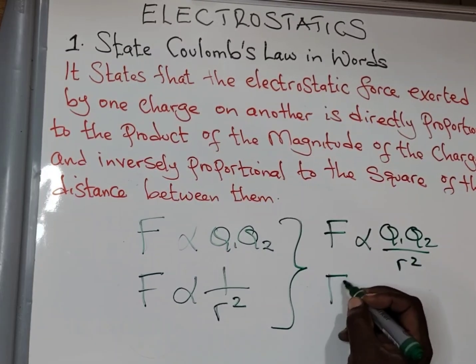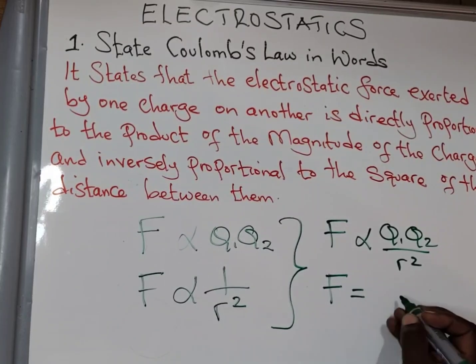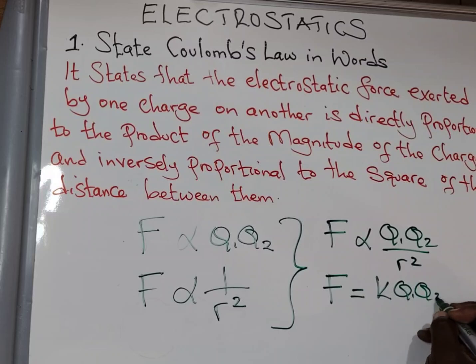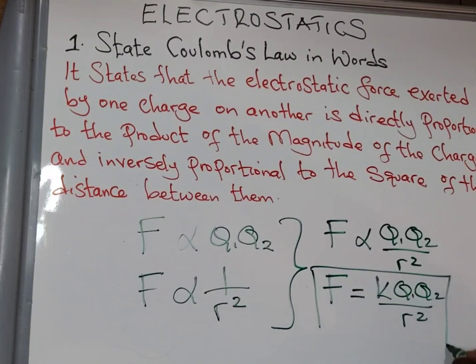So we are going to say F is equal to K Q1 Q2 over R squared. And this happens to be that equation which represents Coulomb's law of electrostatics.